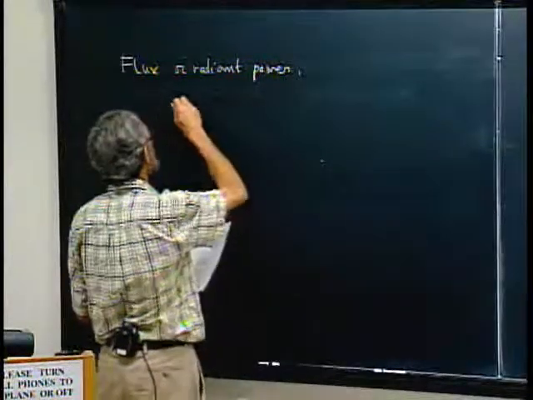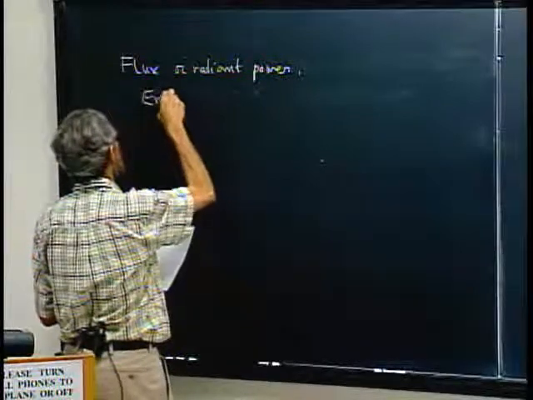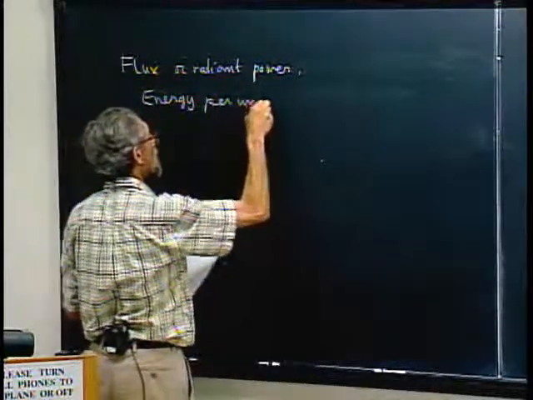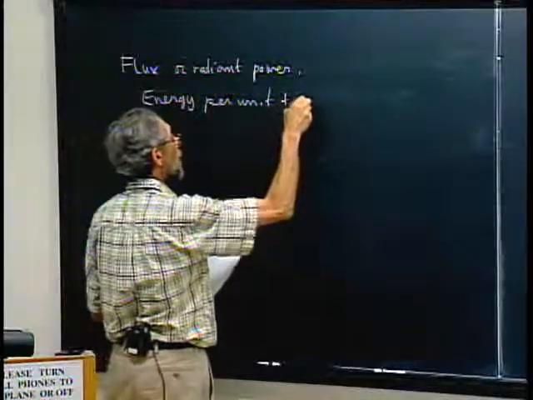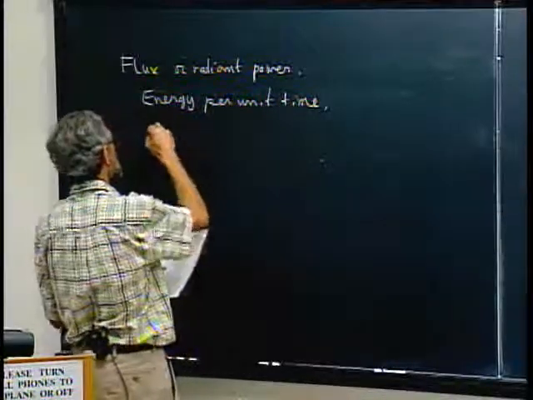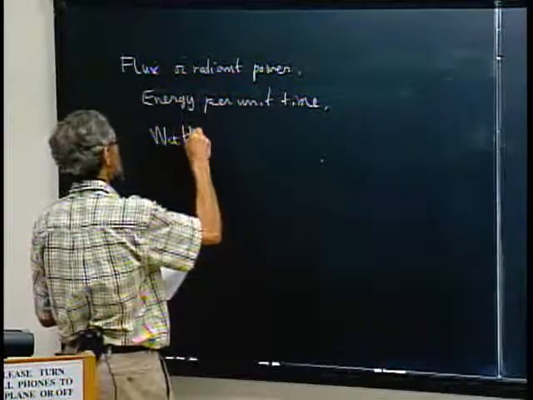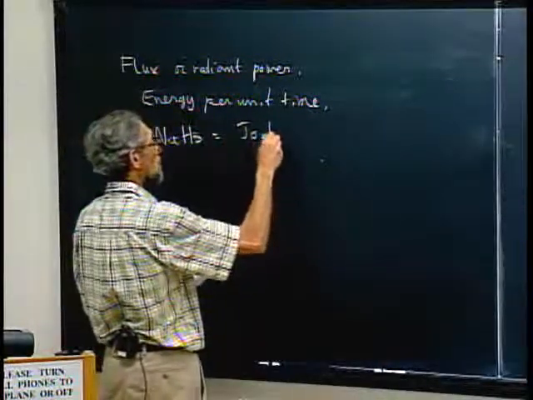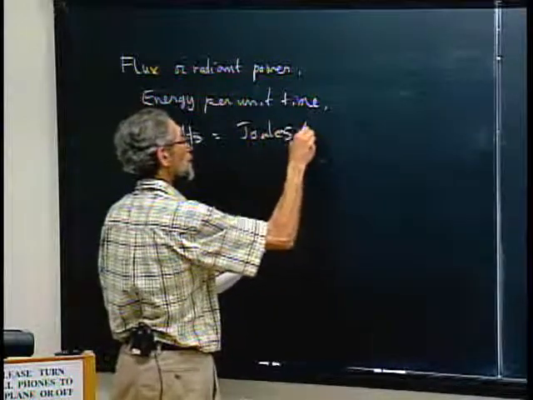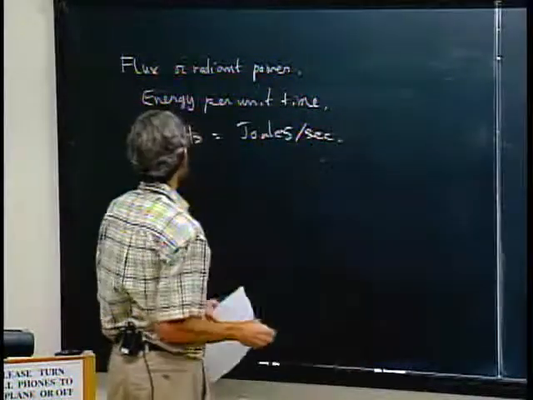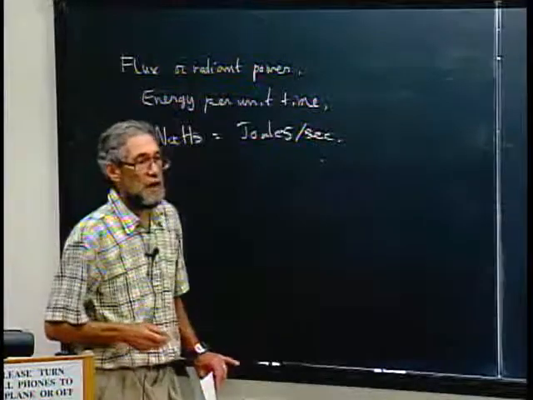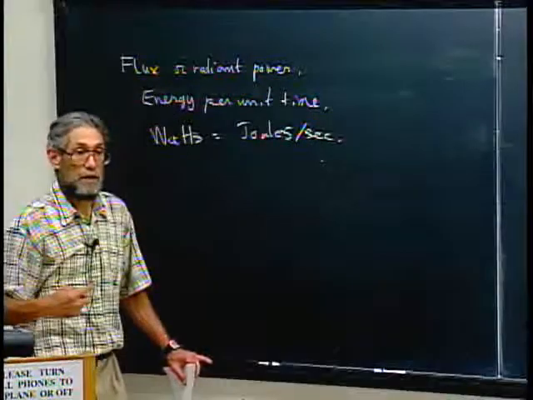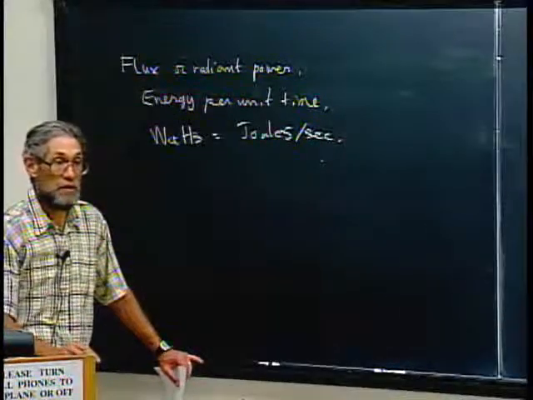Power is energy per unit time. It's measured in watts, which is joules per second, where joules is a unit of energy. The energy we're talking about is the energy of photons flowing as light energy.